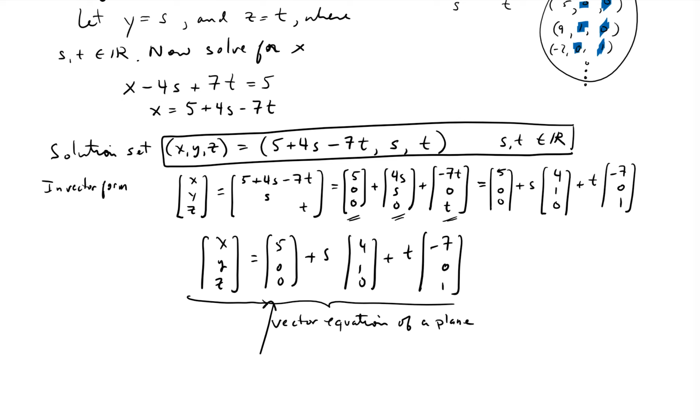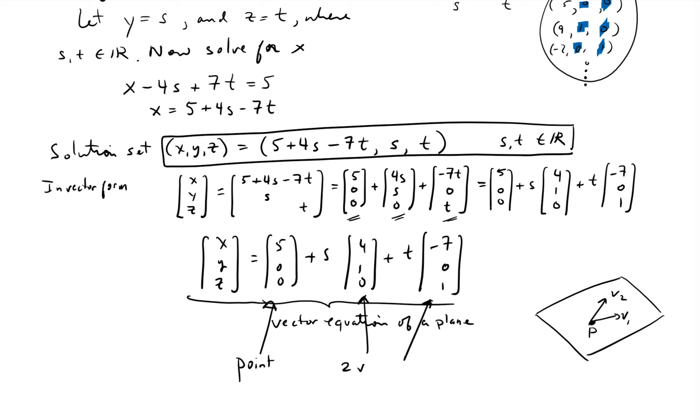You see, this is actually a point on the plane, and those two vectors here, the s and the t, allow us to move within the plane. Remember, the vector equation of a plane has your point, and then two vectors, maybe v1, v2, that allow you to move within that plane. So those are two vectors that are contained in the plane.